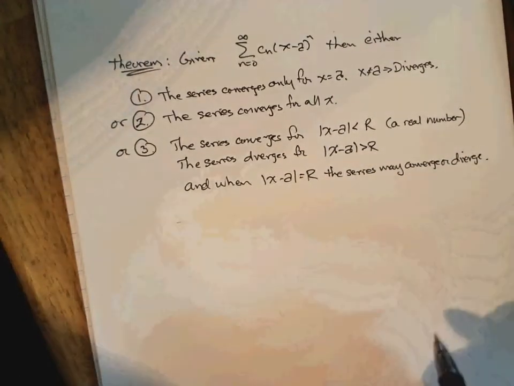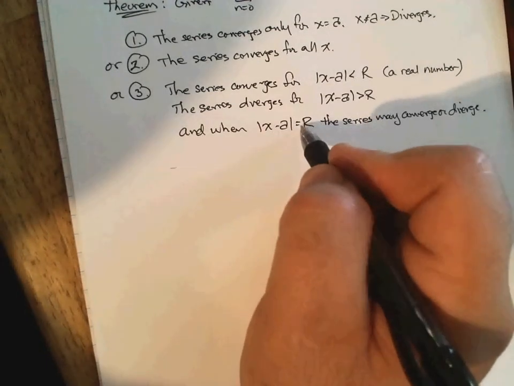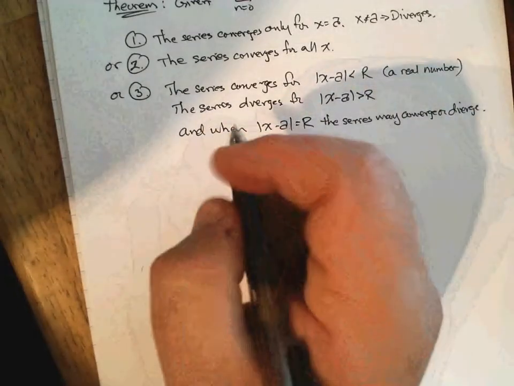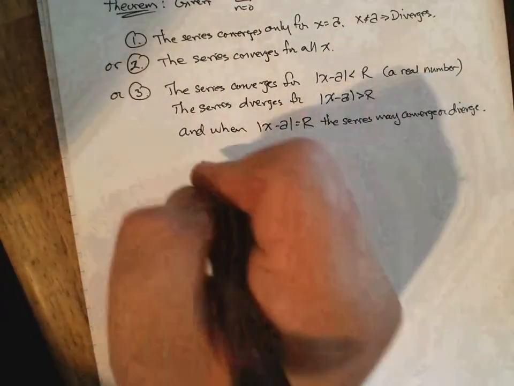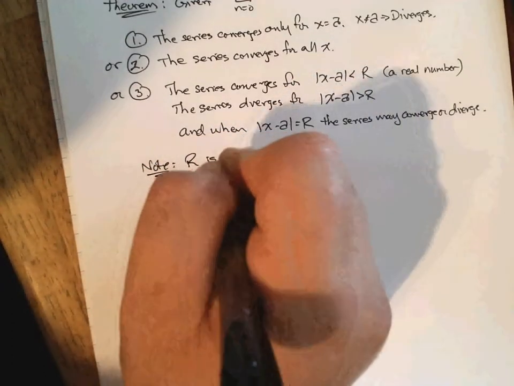And that is where we have to do a little bit of work. We would have to figure out for the value that when x minus a in absolute value is equal to r, what happens with the series.